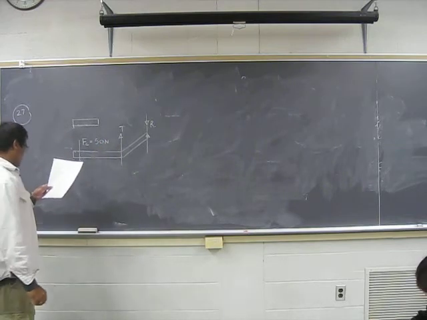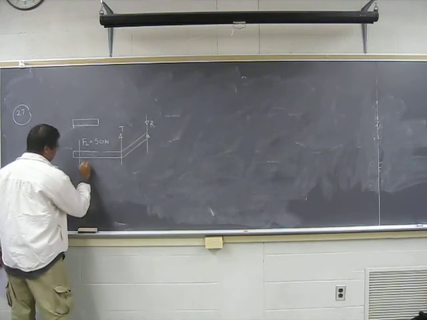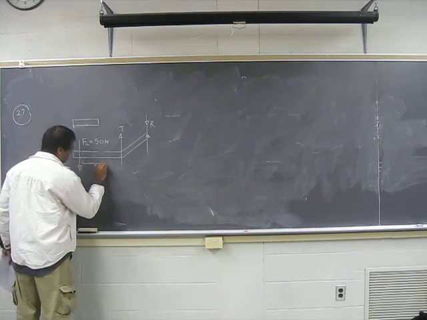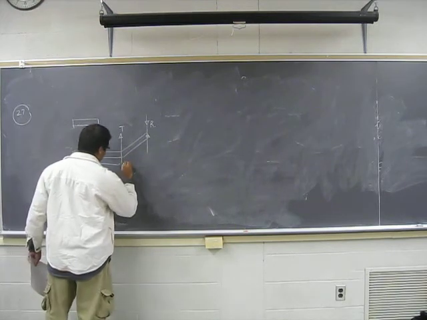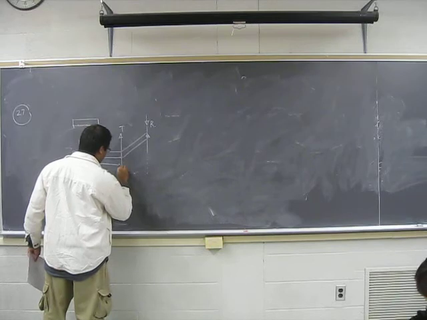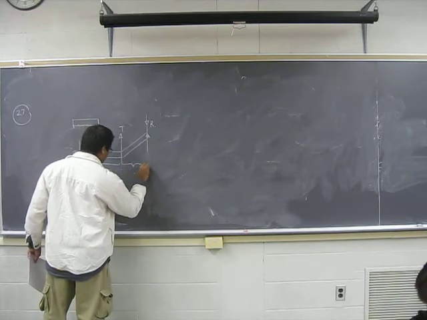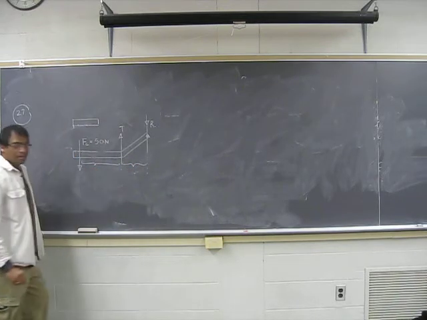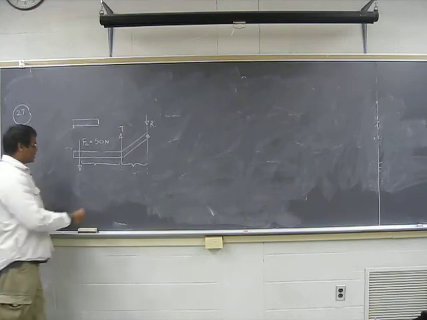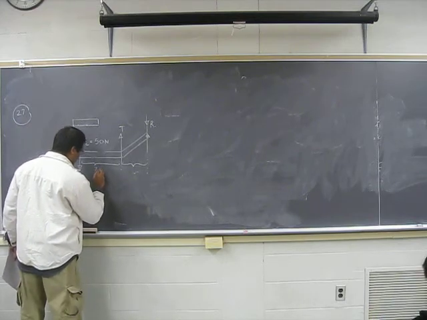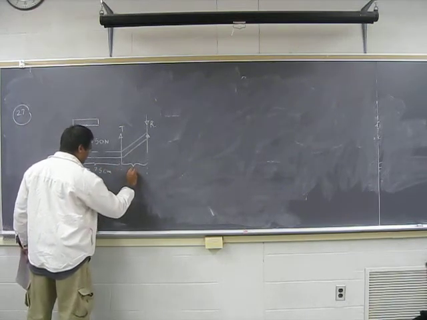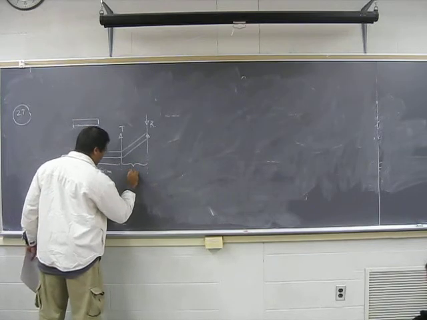And then of course, that's what's given to us. We are getting the horizontal distance. And tell me, what is this? 7.5 centimeters. What is this? 3.5 centimeters.